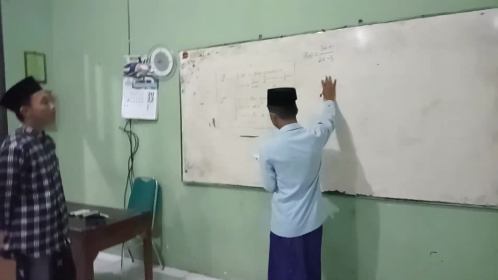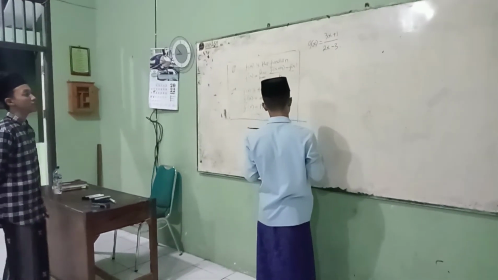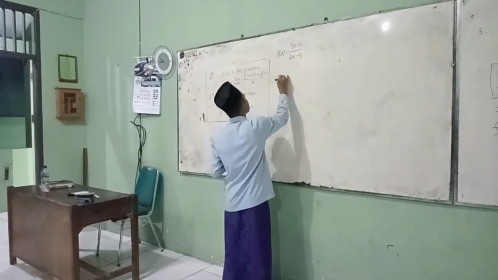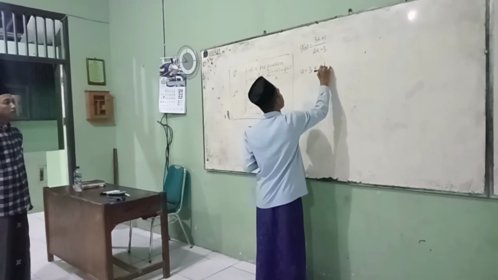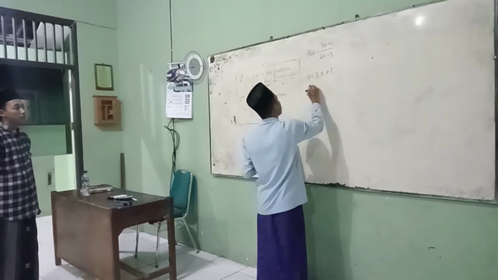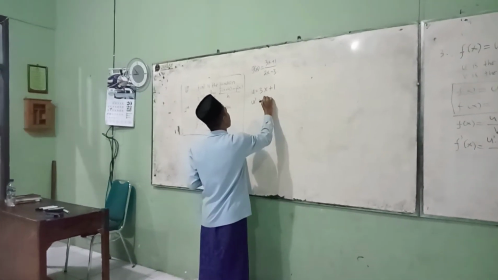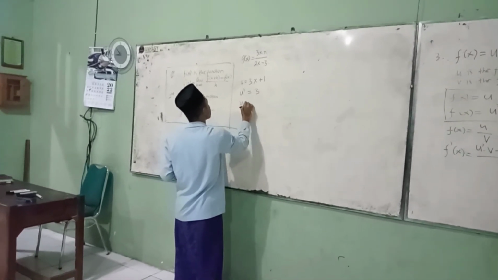Make the assumption first. u is equal to 3x plus 1 and v is equal to 2x minus 3. Pay attention to Aska. Okay, thanks.